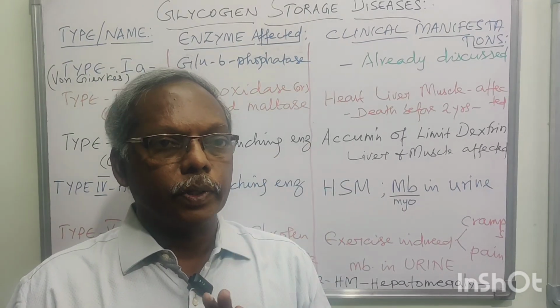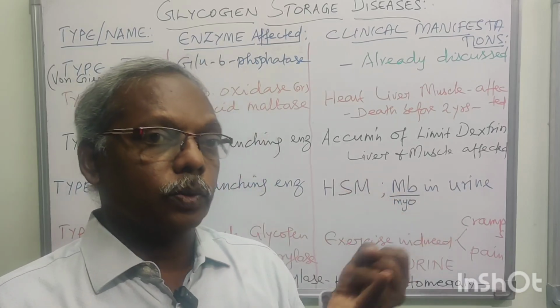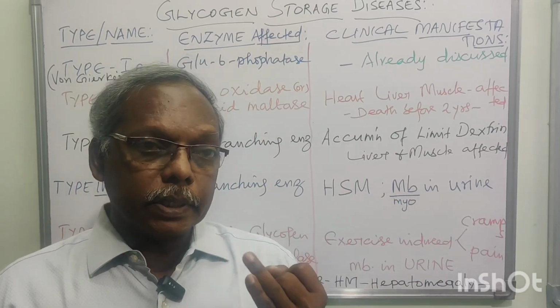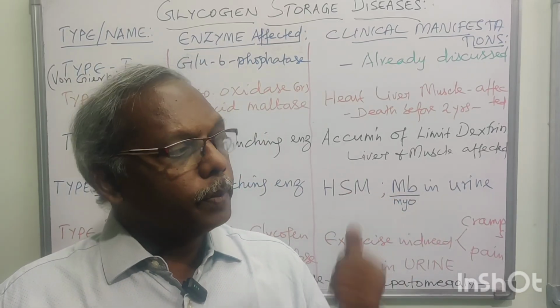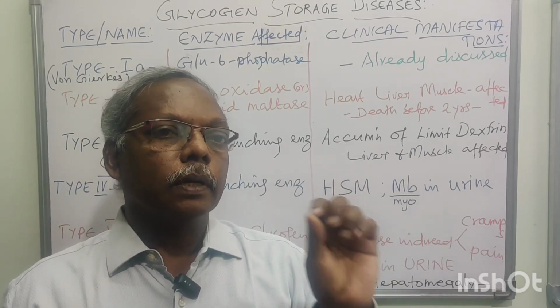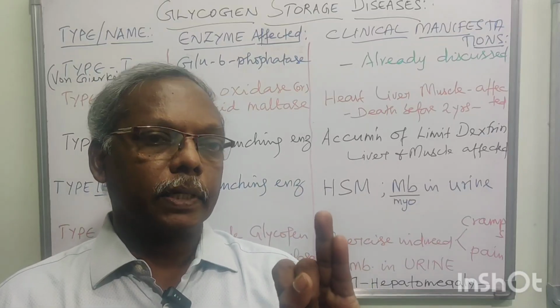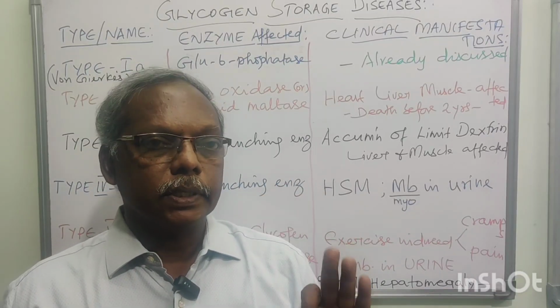These 3 are enough for you. Usually for other diseases you have to mention extra things, like laboratory investigations, how will you manage, like that. But for glycogen storage disorders, maximum you have to present the name of the type and name of the disease, enzyme affected, and clinical manifestation. That is enough.